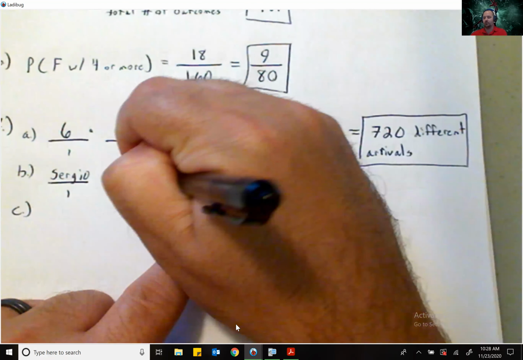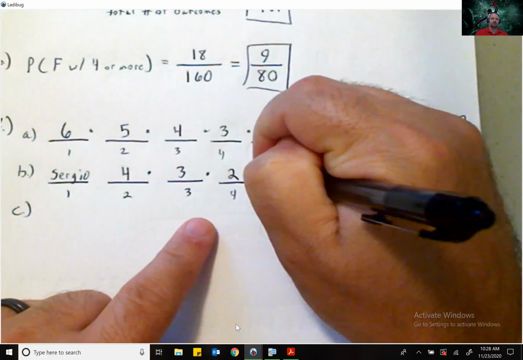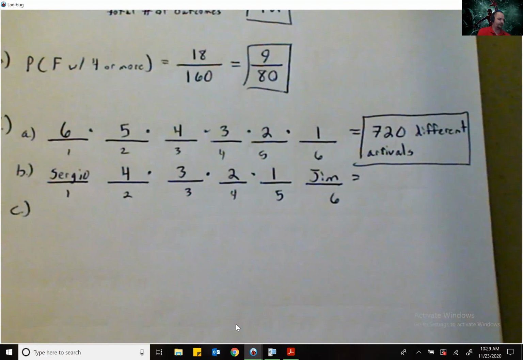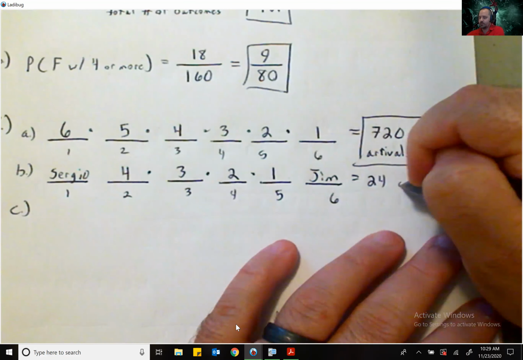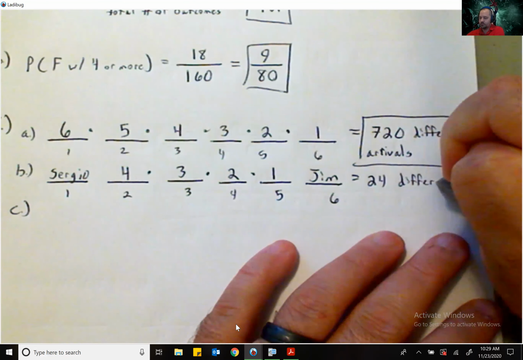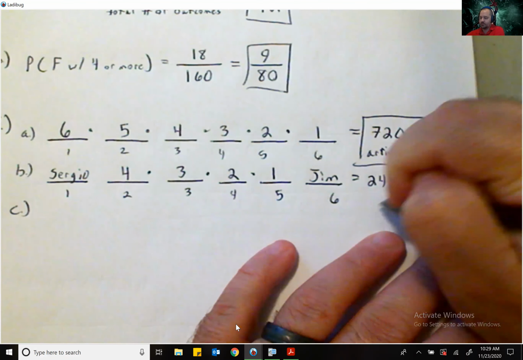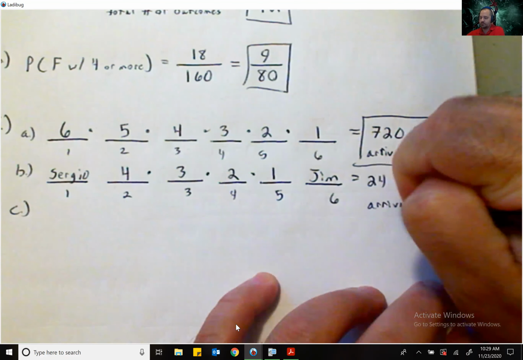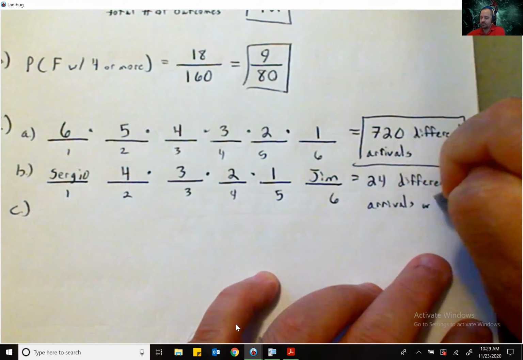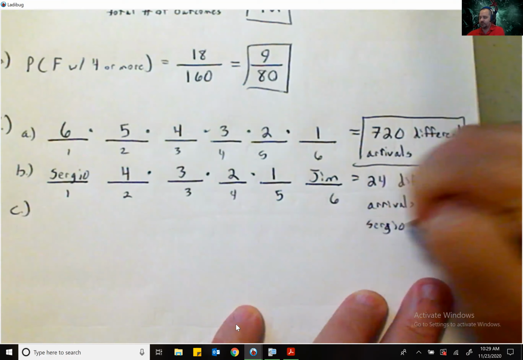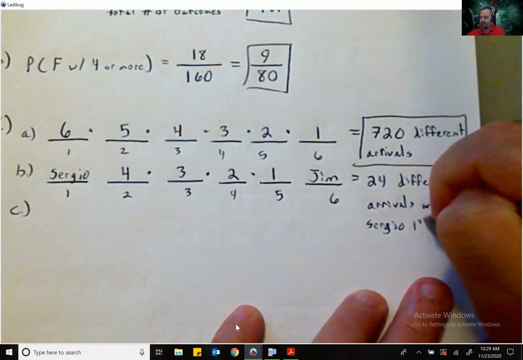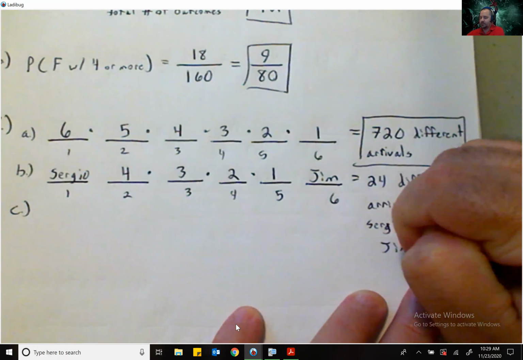So all we have to multiply is 4 times 3 times 2 times 1, which is 24 different arrivals with Sergio first and Jim last.